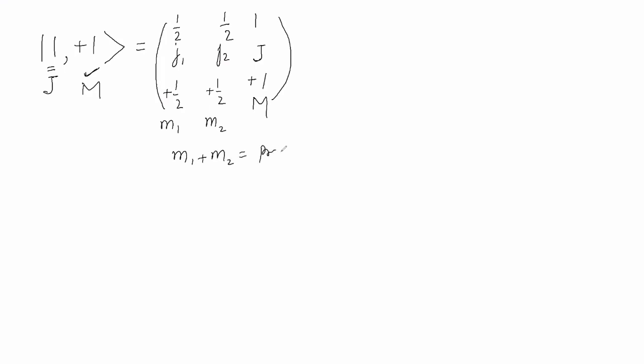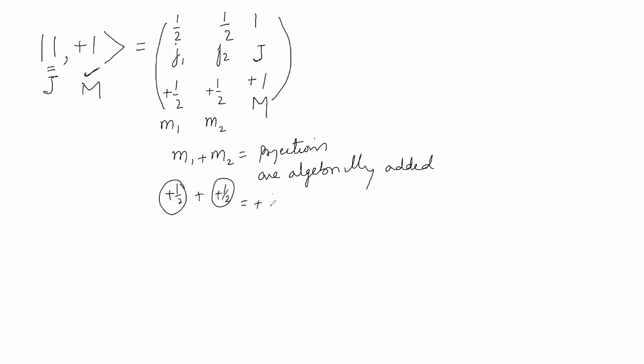projections are algebraically added, keeping the sign intact. Therefore, this will be plus half plus half, that is giving me +1.